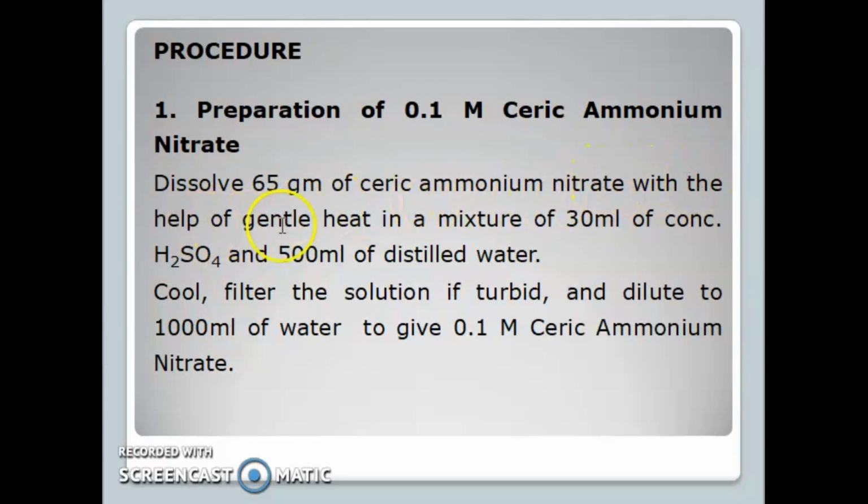With the help of gentle heat, dissolve it in a mixture of 300 ml of concentrated sulfuric acid and 500 ml of distilled water. Apply gentle heat if required, then cool the content, filter the solution if it is turbid, and then dilute it up to 1000 ml with water. The resulting solution will be your 0.1 molar ceric ammonium nitrate.